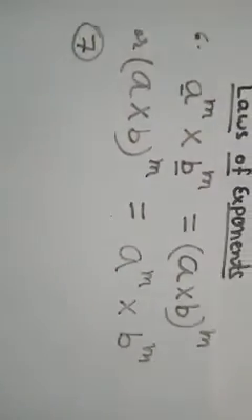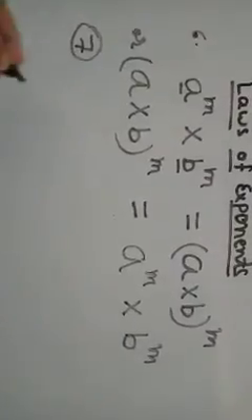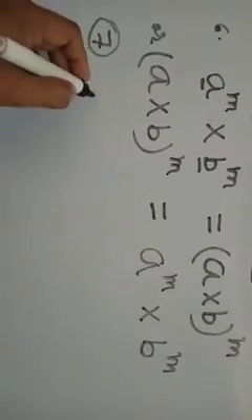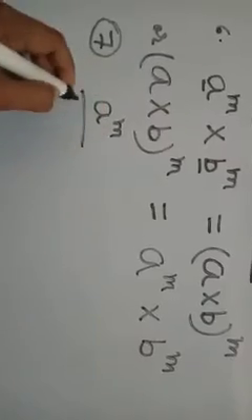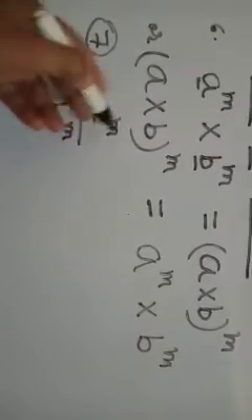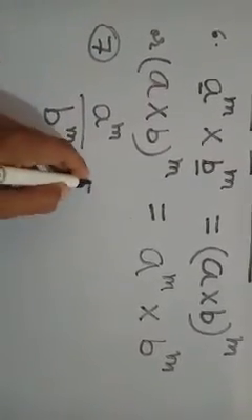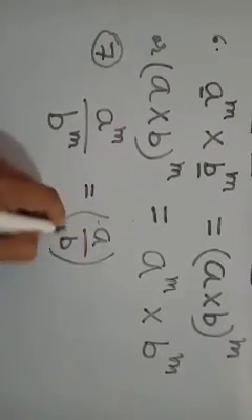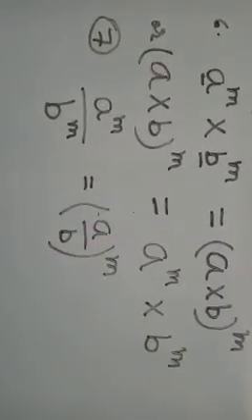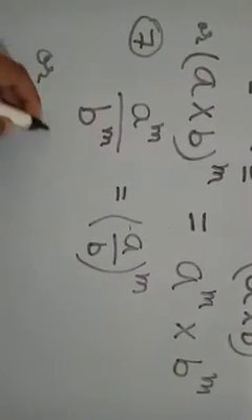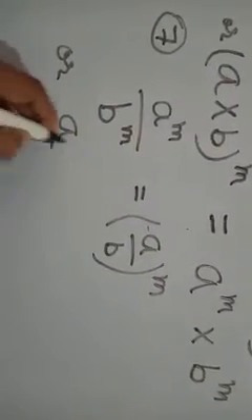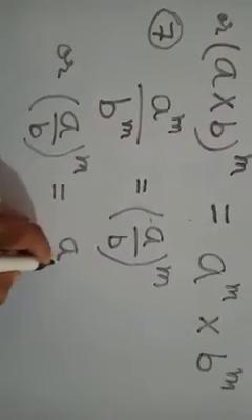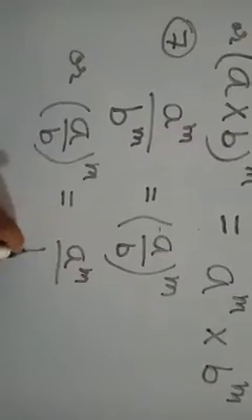And law number 7, the power of quotient law: a power m over b power m. If the power is the same but the bases are different, we take the whole base by the same power. Or from the reverse side, a over b whole power m is called a power m upon b power m.